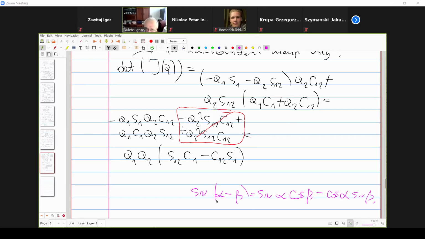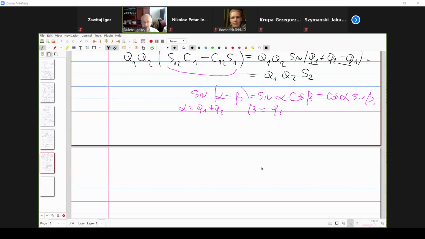And if we take alpha equal to Q1 plus Q2 and beta equal to Q1, you can obtain this formula. So we have A1 A2 sinus of Q1 plus Q2 minus Q1. So finally, A1 A2 sinus Q2, okay?